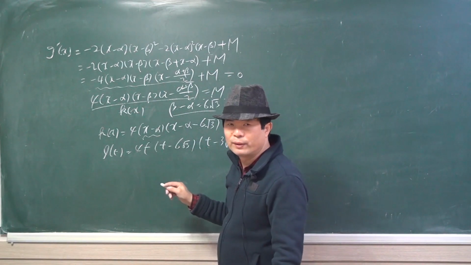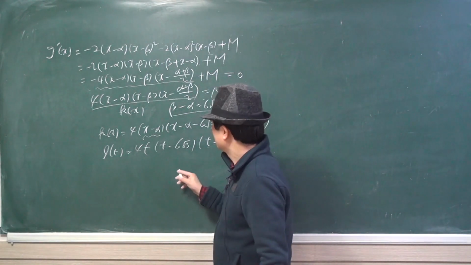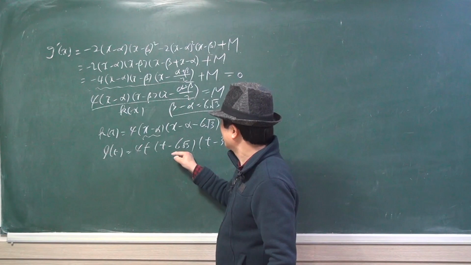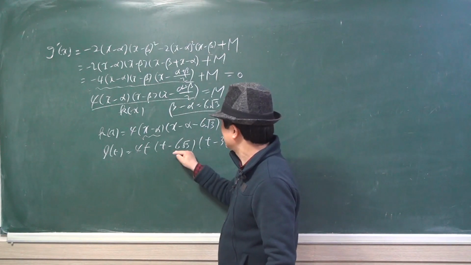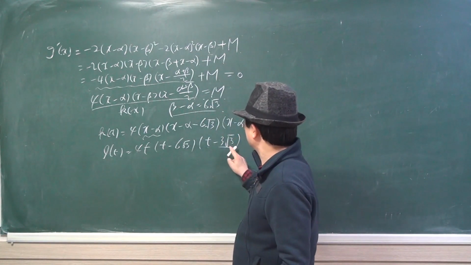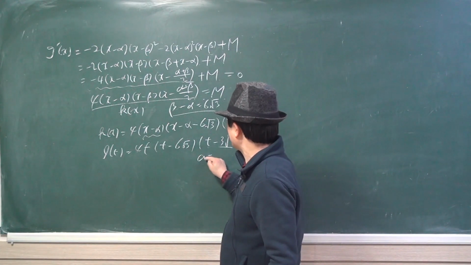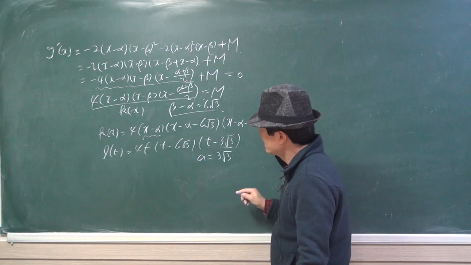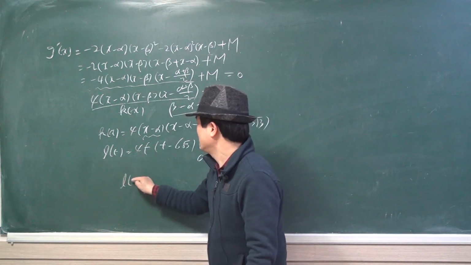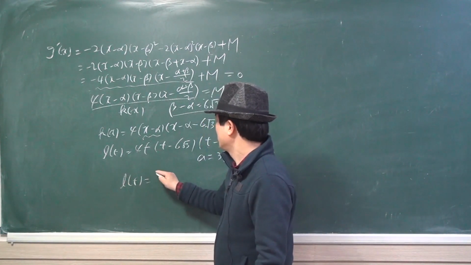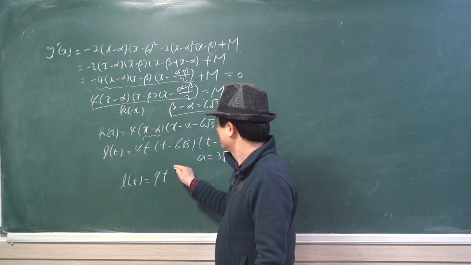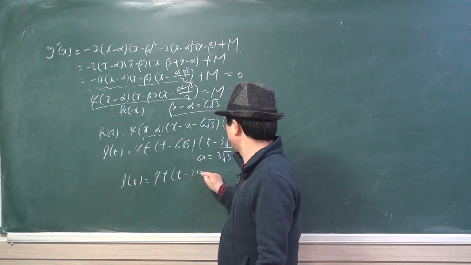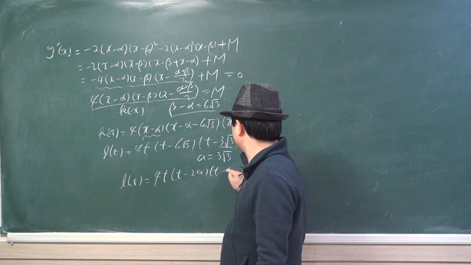And for convenience sake, we temporarily replace 3 times square root of 3 as a, so a equals 3 square root of 3. Then L(t) can be written as 4t times (t minus 2a) times (t minus a).